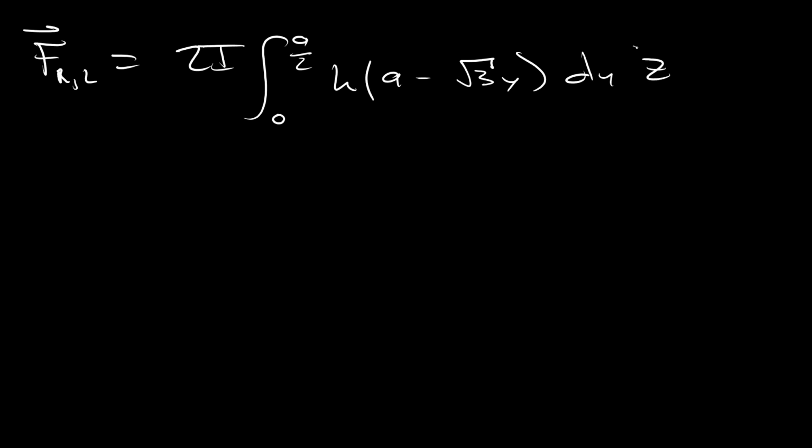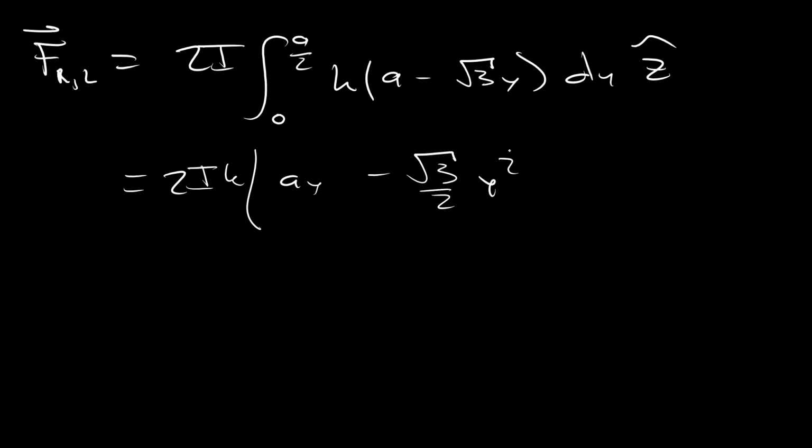And now from here, we can just begin evaluating our integral. So let's do that really quickly here. When we evaluate, we're going to get 2ik times the quantity ay minus root 3 per 2 y squared, from 0 to a per 2, z hat.